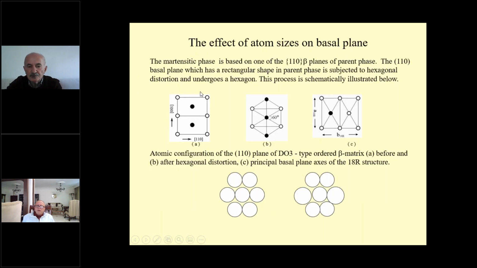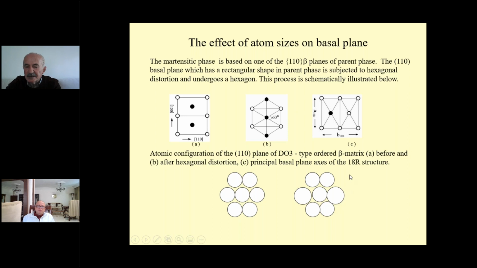This is the basal plane of martensite in the parent phase region, and this rectangular shape of the basal plane turned into the hexagonal shape by means of martensitic transformation. As I mentioned, in the disordered case, we don't know which atom occupies which lattice site, and we can take atomic sizes as approximately equal to each other, and the hexagon becomes a regular hexagon.